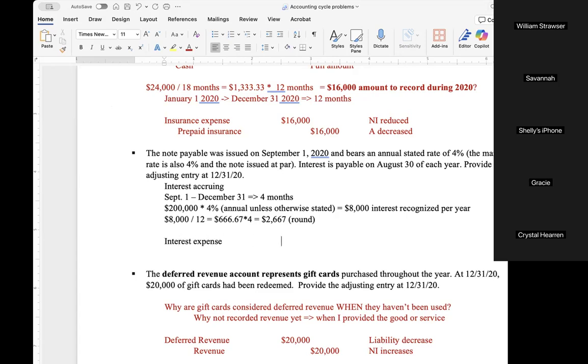And then, you'll see this is a common pattern in these adjusting entries: if I'm debiting an expense, I'm usually crediting, if it's a liability, the same name as a payable account, interest payable. Of course there are exceptions like depreciation expense.